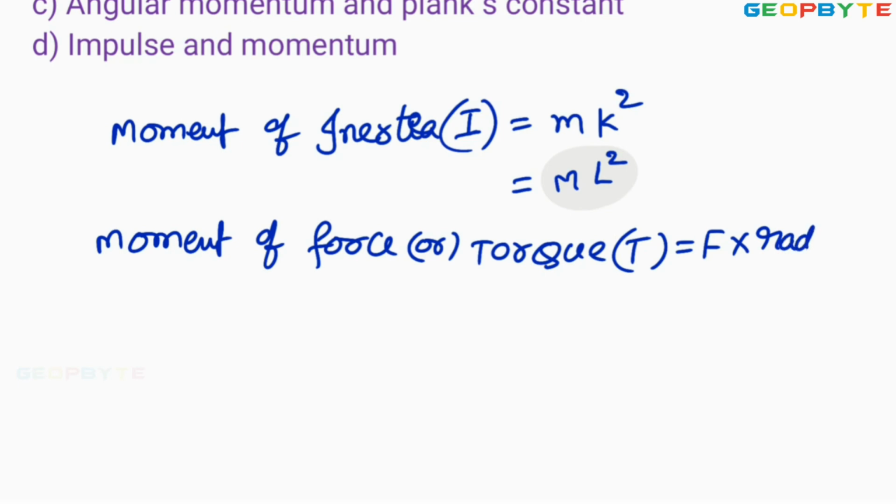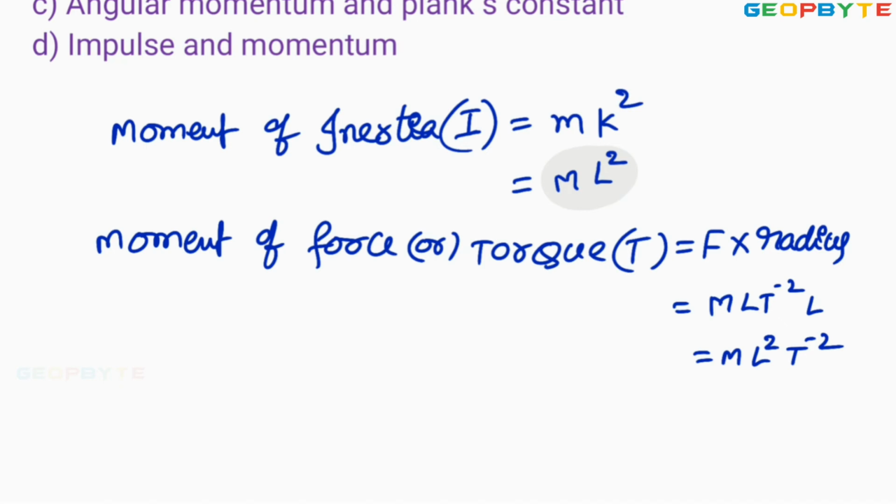Let me write it clearly. Force dimensional formula is M L T^-2, radius has the dimension of distance, L. This is equal to M L^2 T^-2.